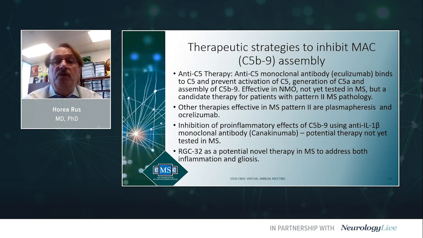Also, as I showed you, RGC32 is a potential novel therapy in MS to address both inflammation and gliosis, and we hope this will sometime down the road translate into a therapy for MS.